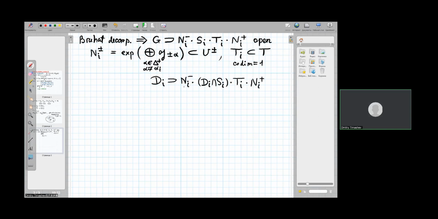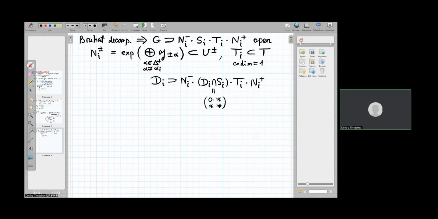So this is the intersection of Di with the above open subset in G. And this intersection of Di with Si is just the set of matrices of this form: you have 0 here, and something here and something here. This is the intersection of the divisor Di with this three-dimensional subgroup Si.